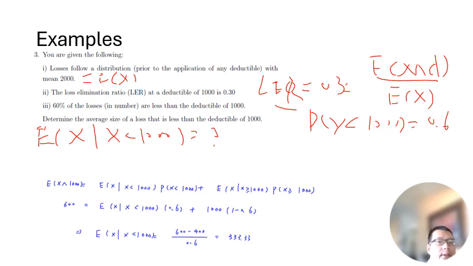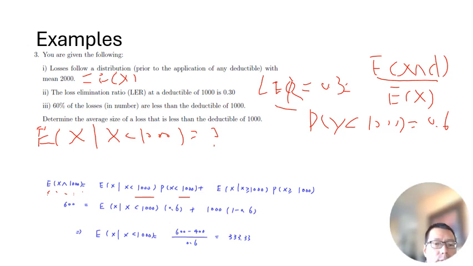So here is the part that you should know in order to solve this problem. Expected value of X capped at 1000 would just be expected value of X given X less than 1000 times the probability, plus expected value of X given X greater than 1000 times the probability of X greater than 1000.